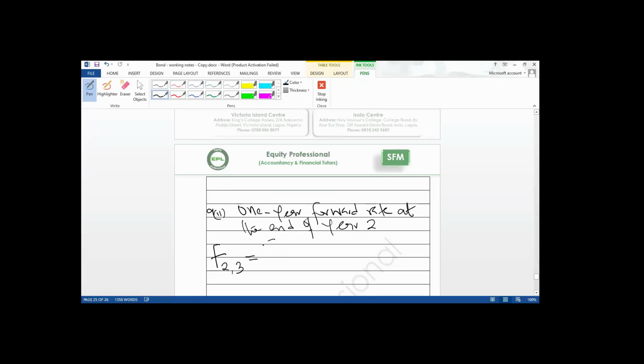This can be defined as big brackets, small brackets, 1 plus R0 3, this is your N, raised to power 3, divided by 1 plus R0 2 raised to power 2, all raised to 1 over N, which is 3 minus 2, everything minus 1.